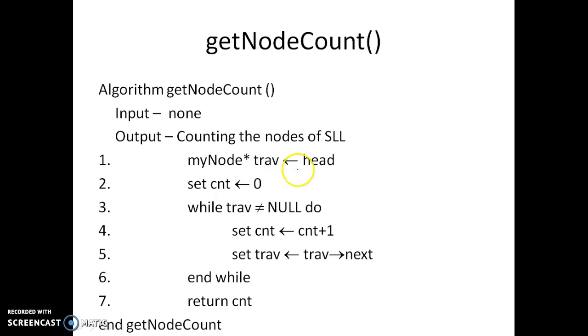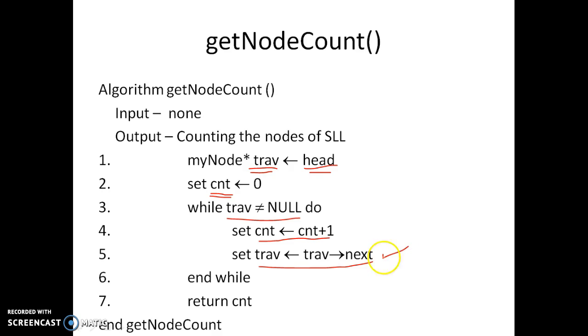So initially we are assigning the address of the first node to the trav pointer, that is the traverse pointer, then assign the value 0 to the counter variable and do something till trav becomes null. And do something means we have to increment the counter variable as well as move towards the next node, that is nothing but traverse the linked list.